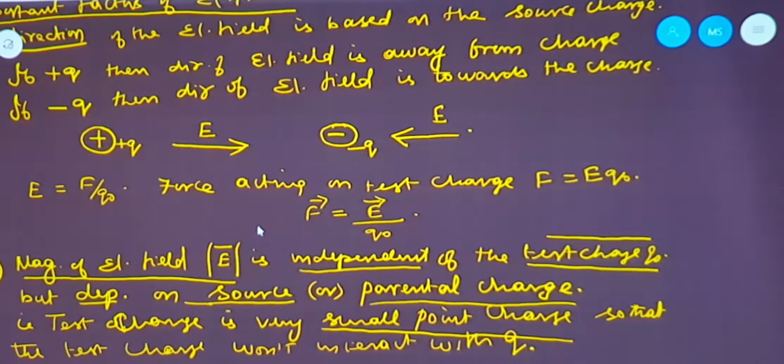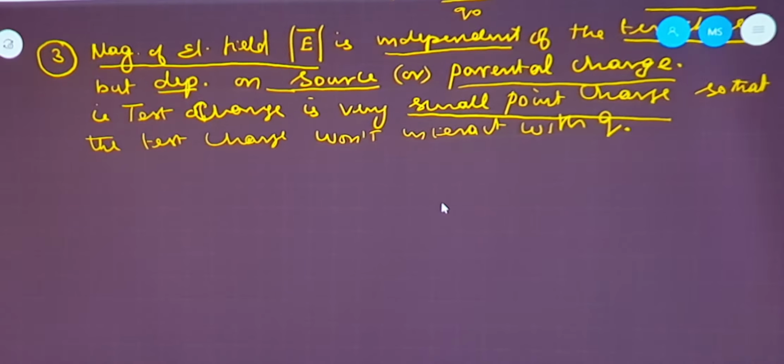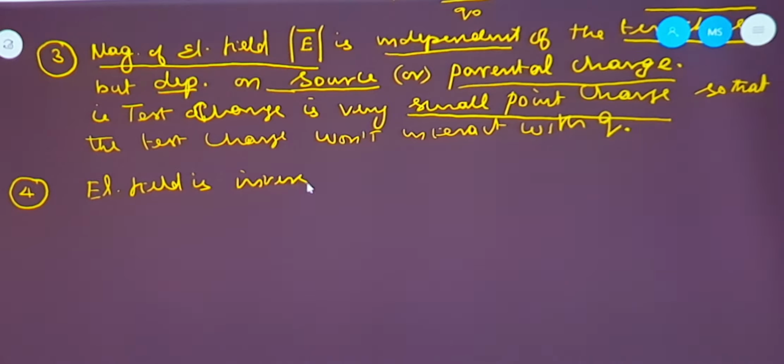Now let us move on to point number 4. When you consider this point number 4, we can state that the electrical field is inversely proportional to the square of the distance.